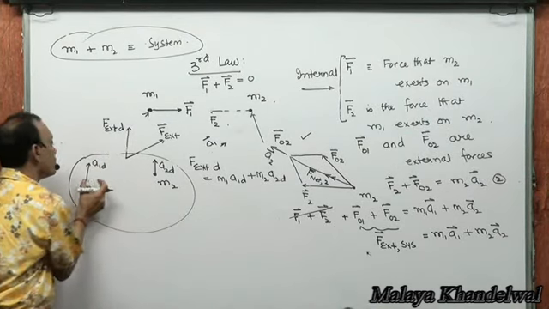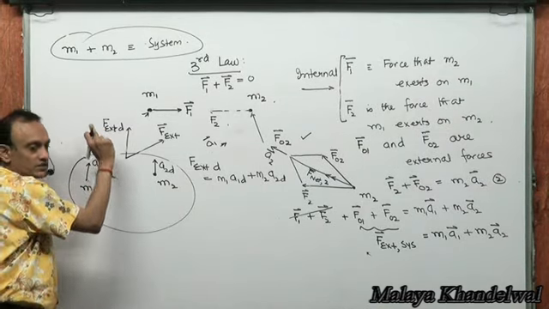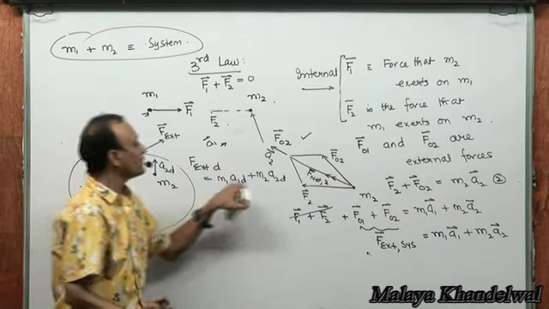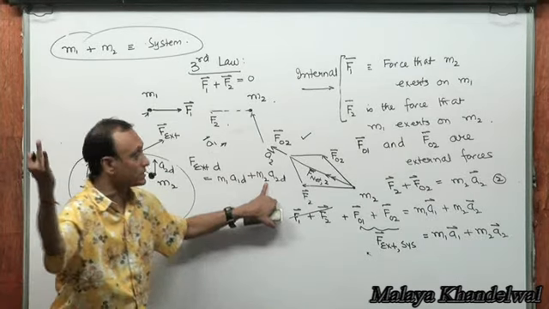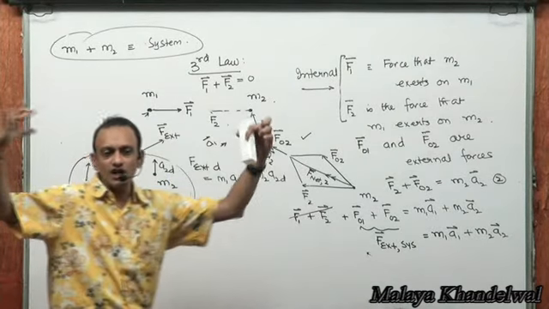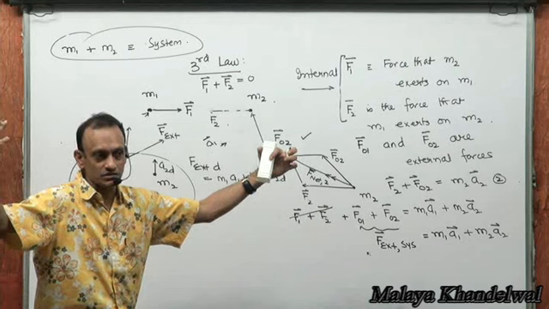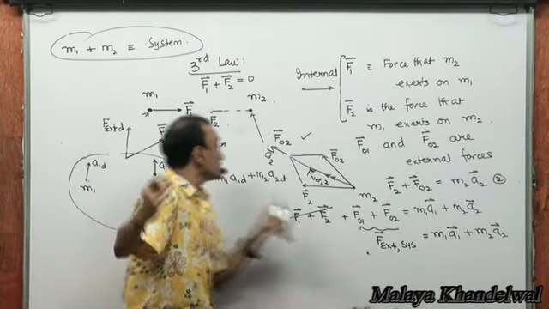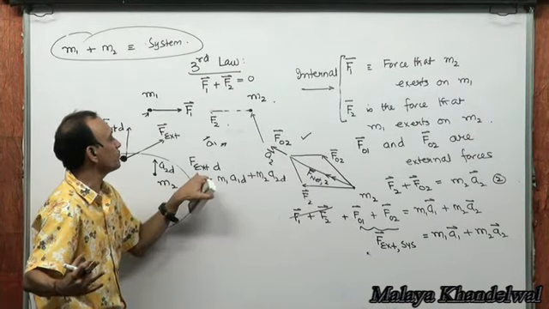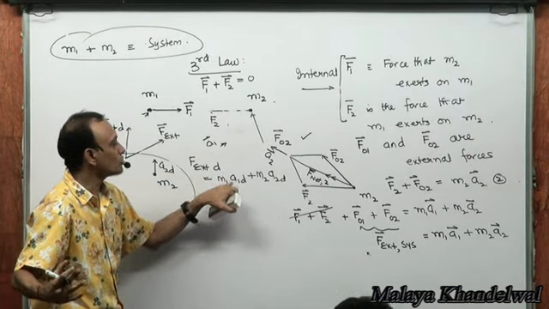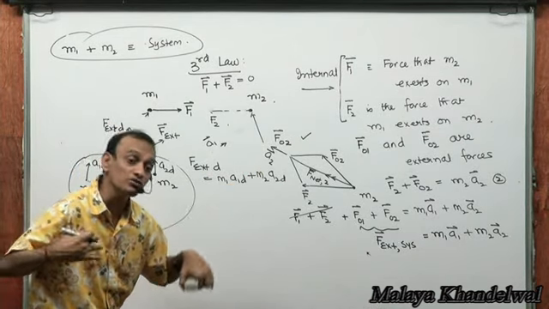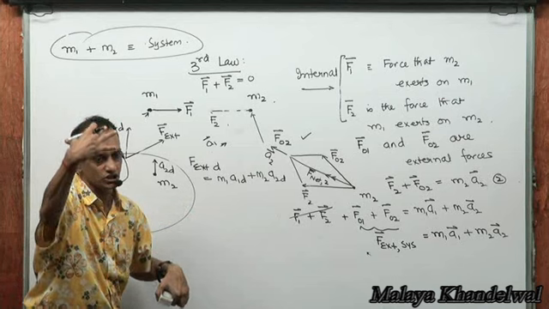A1d is what? Component of the acceleration of M1 in a given direction. A2d is the component of the acceleration of M2 in a given direction. And this is second law applied in a given direction. This is second law applied in general for the total accelerations A1 and A2 of masses M1 and M2. But this is in a given direction. You resolve F external, you resolve A1, you resolve A2, then that's the generalized second law applied in a given direction.